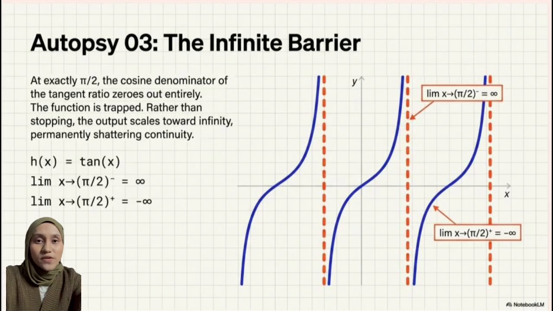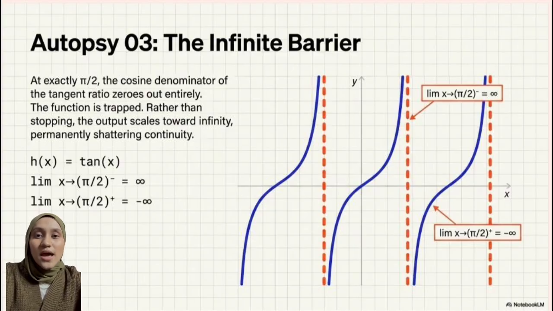Autopsy 3, the infinite barrier. For the third graph, we can see an infinite discontinuity involving the tangent function. The function is f(x) = tan x. At x equals pi over 2, the cosine denominator becomes 0, causing the function to grow toward infinity. As x approaches pi over 2 from the left side, the function increases toward positive infinity.